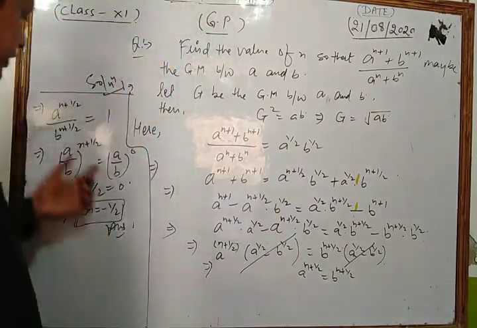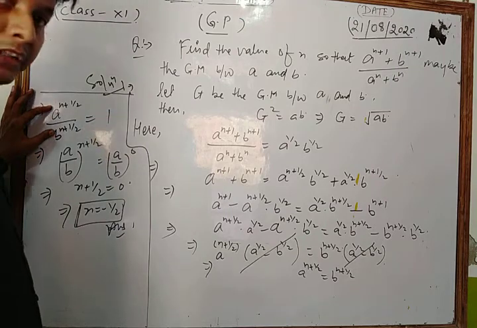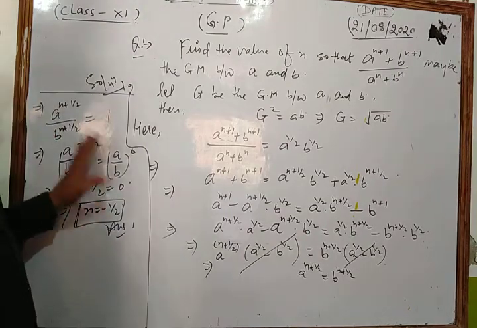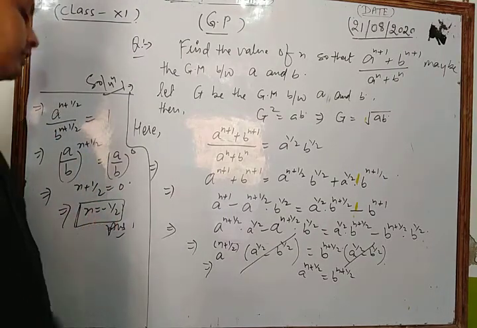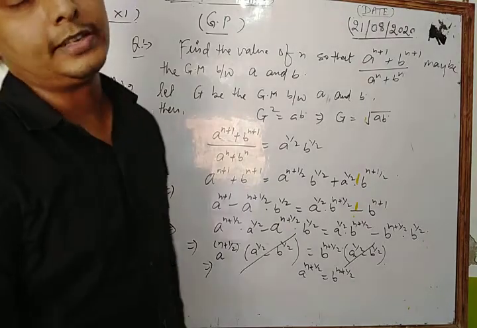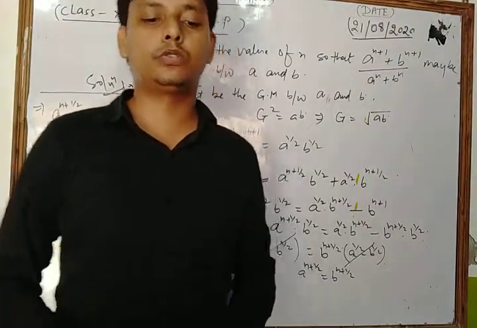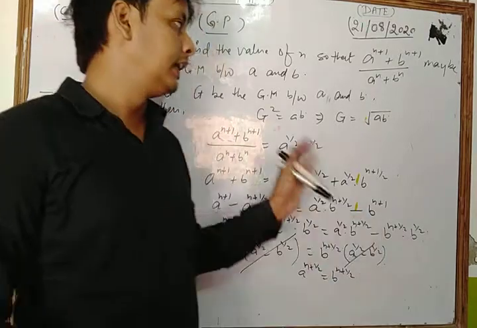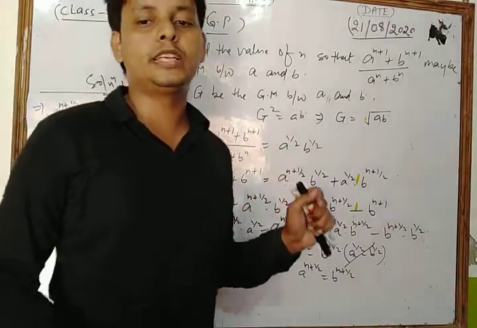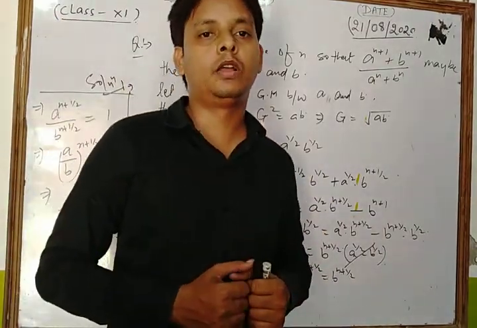Now after comparing both sides we get the value of n is -1/2. So dear student, you can solve each and every question of your NCERT exercise based on this concept in this way. Now we take some other important question based on GP.